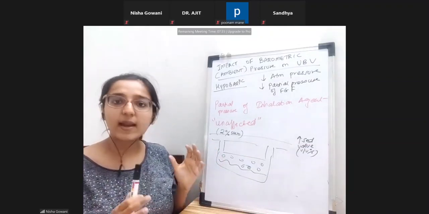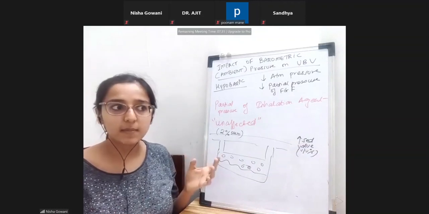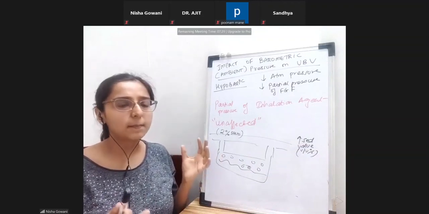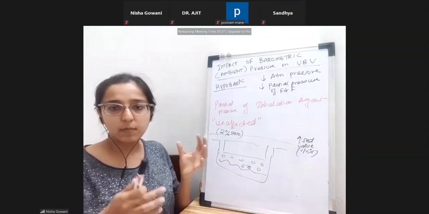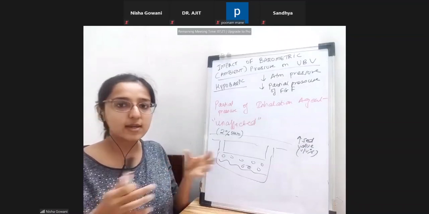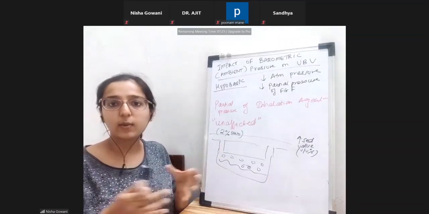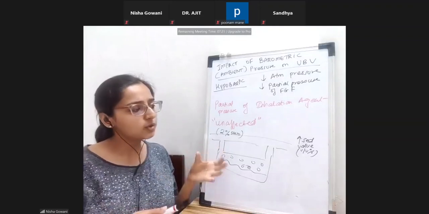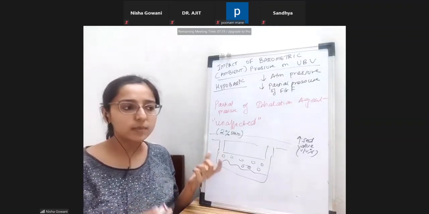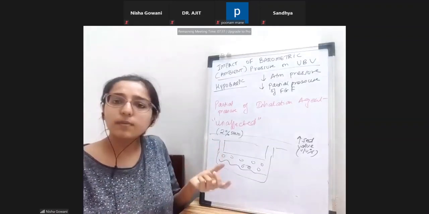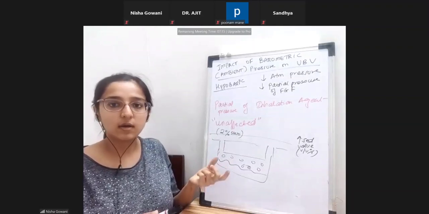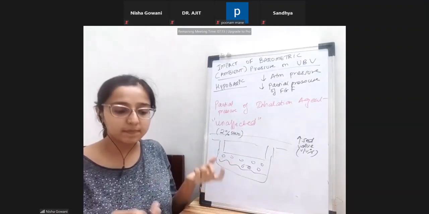And I told you that partial pressure and volume percent are interchangeable. We can calculate one from the other, right? So you will tell me, ma'am, you told me the partial pressures are the same, then how come the volume percent is increasing? It should also be the same. That will be your doubt.